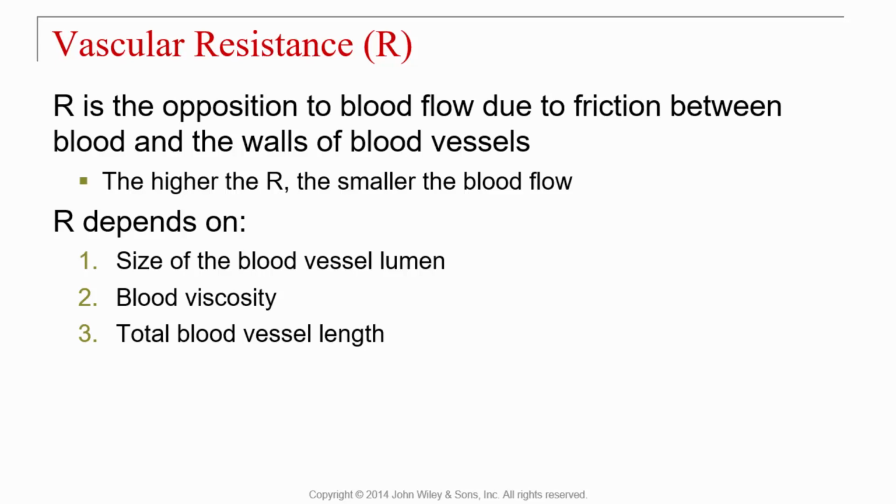If you're dehydrated, your blood is a bit more sludgy, a little thicker, so you're going to have greater resistance. And then total blood vessel length. If you have a short piece of garden hose, you're not going to have much resistance through that. Now, if you have a 50 or 60 foot garden hose, you're going to have a lot more resistance.